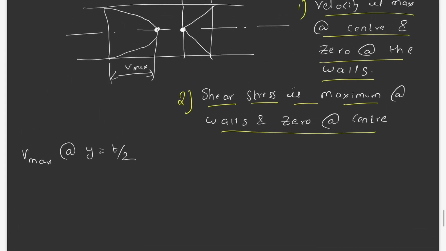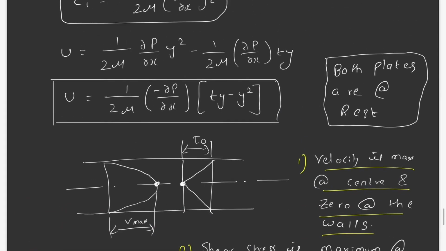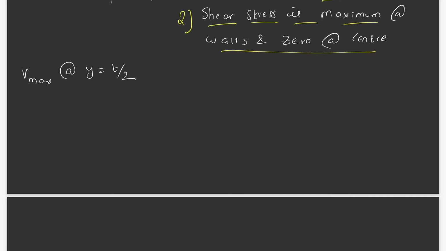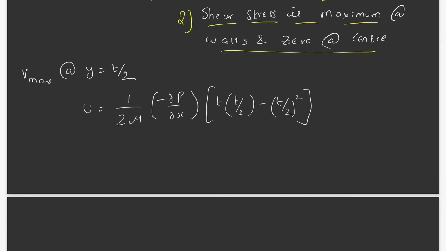Let us apply this value y equals t by 2 here. So what will happen to u? U is equal to 1 by 2 mu into minus dou p by dou x into t, t into t by 2 minus t by 2 whole square.